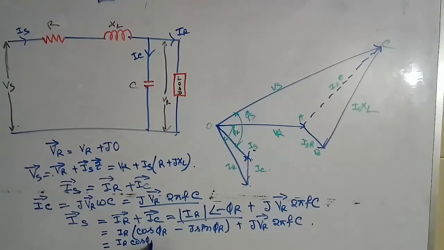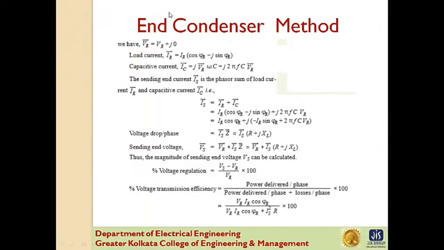If I take the common j term, then it is equal to IR cos phi R plus j times VR 2 pi fC minus IR sin phi R. Now these we have just derived.